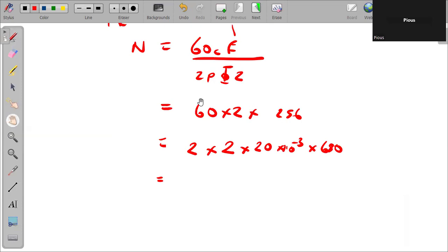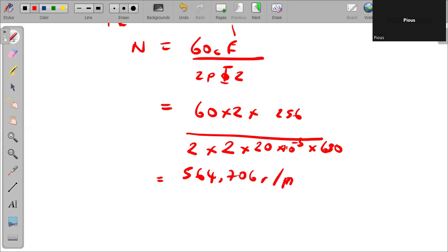It serves you very well. So upon dividing, 60 times 256 divided by 2 times 2 times 20 times 10 to the power of -3 multiplied by 680, punching that on the calculator, it's going to give us 564.706 revs per minute. So that's the speed in revs per minute.